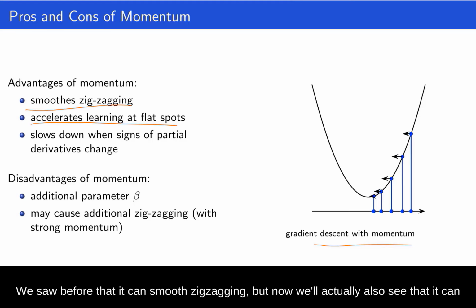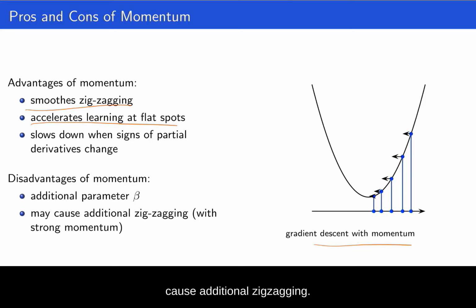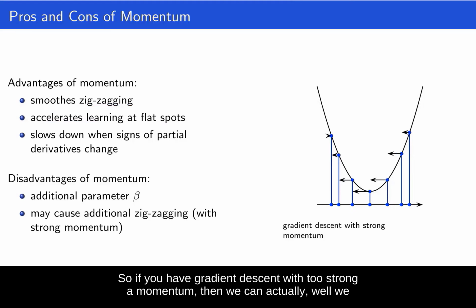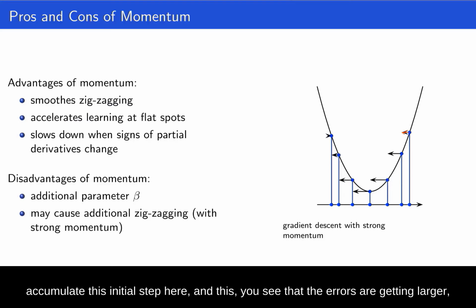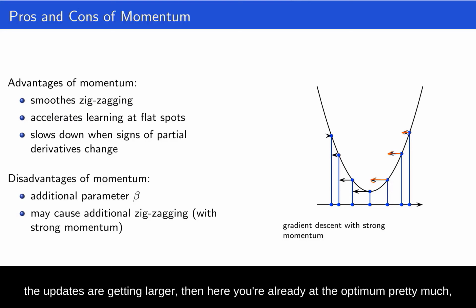We saw before that it can smooth zigzagging, but now we'll actually also see that it can cause additional zigzagging. So if you have gradient descent with too strong a momentum, then we accumulate this initial step and this. You see that the errors are getting larger, the updates are getting larger.